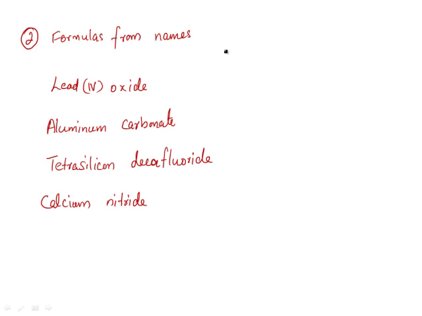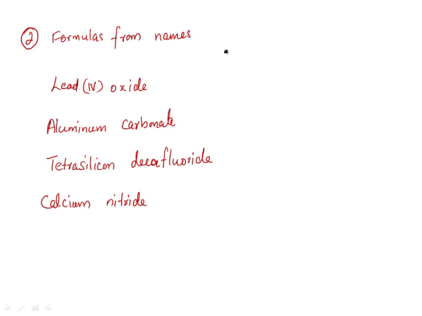So we need the ions with their correct charges, and in a formula the total number of positive charges must be equal to the total number of negative charges. Or in other words, the total charges must cancel each other, or the net charge should be 0. So start one by one.